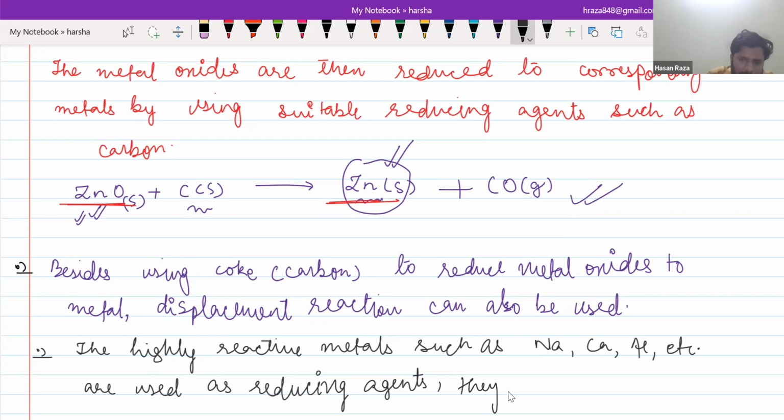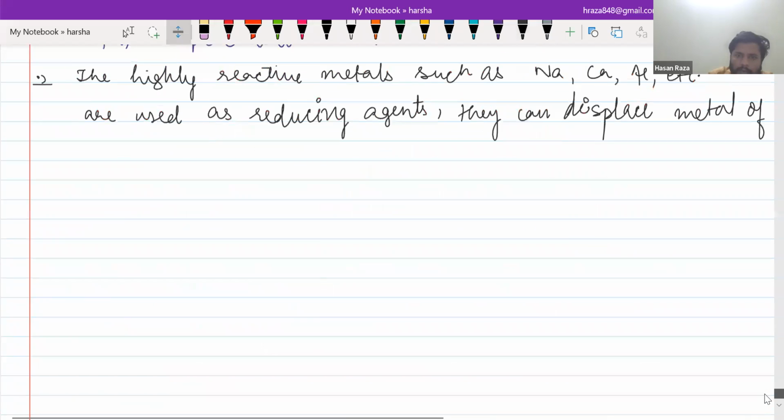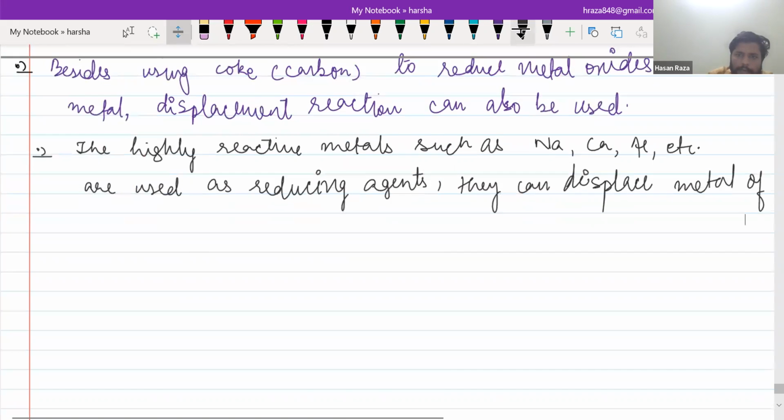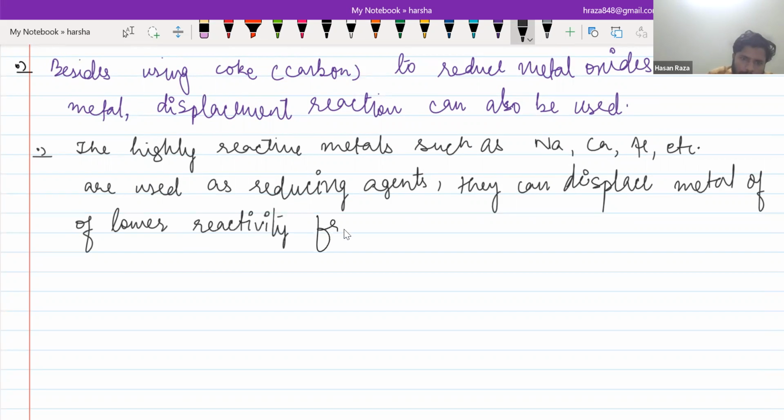They can displace. Basically they are very reactive, so they can displace metal of lower activity, metal of lower reactivity, from their compounds.